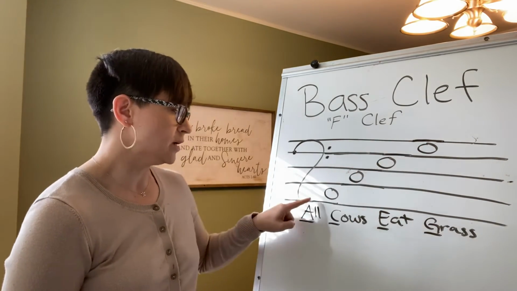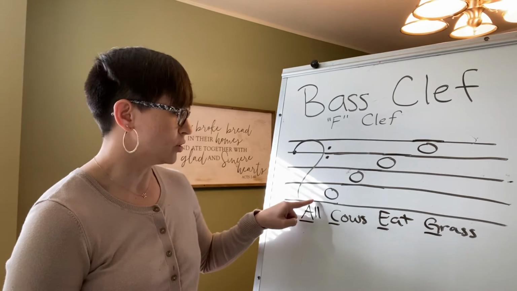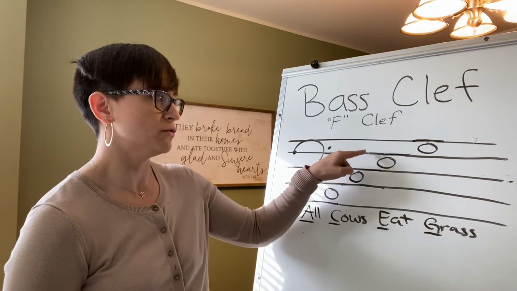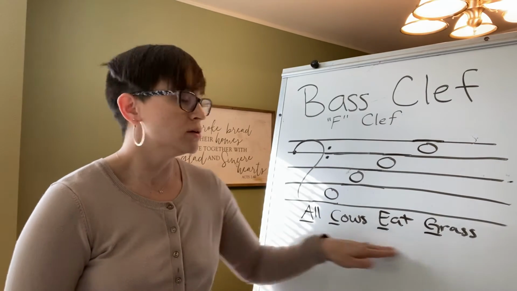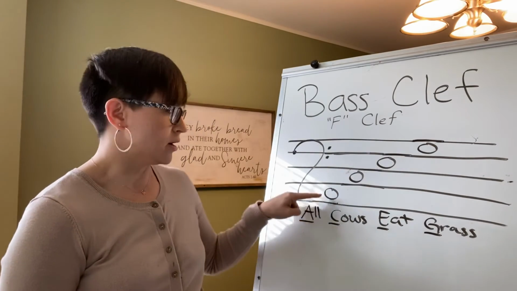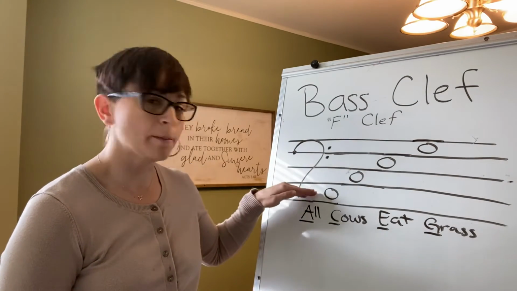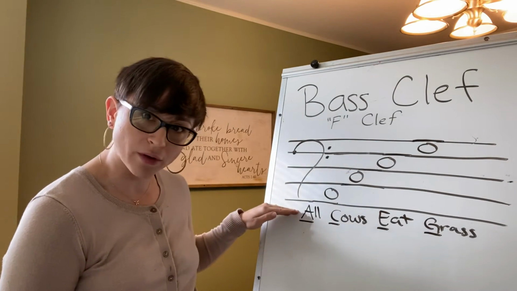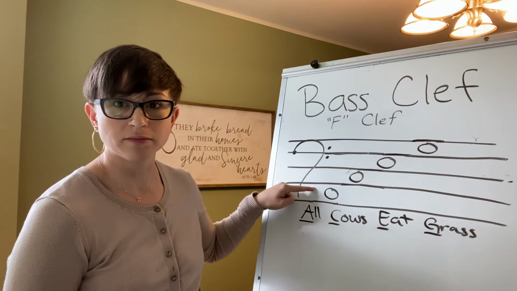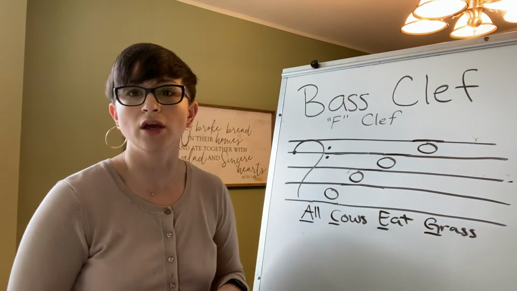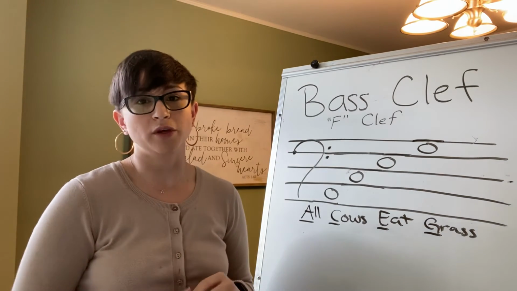So for the line notes, it starts on the bottom. Good boys deserve fudge always. Space notes start on the bottom. All cows eat grass. And remember, it starts on the bottom, not below, but the bottom space, okay? Stay within those staff lines and you should be good to go.